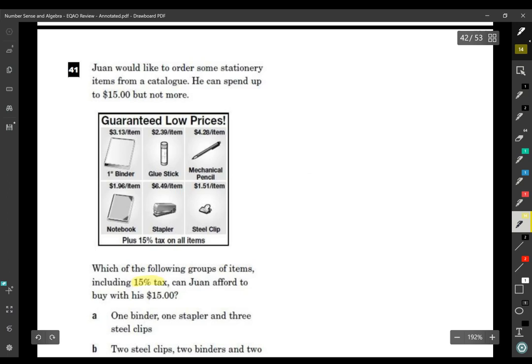So this 15% tax, I want to talk about that a little bit before we solve this problem. In general, the after-tax price, which is the price that we all pay, is equal to the regular price plus 15% of the regular price.